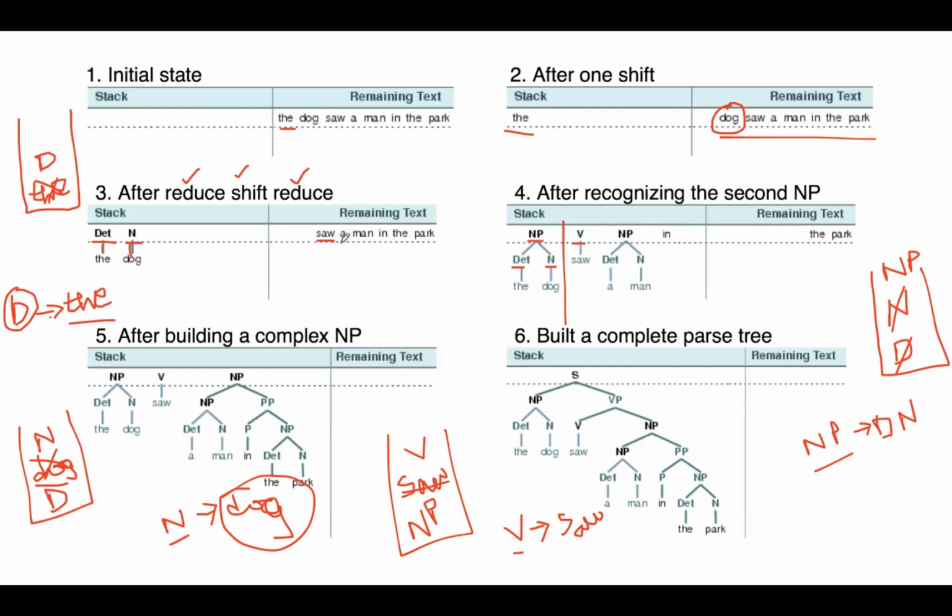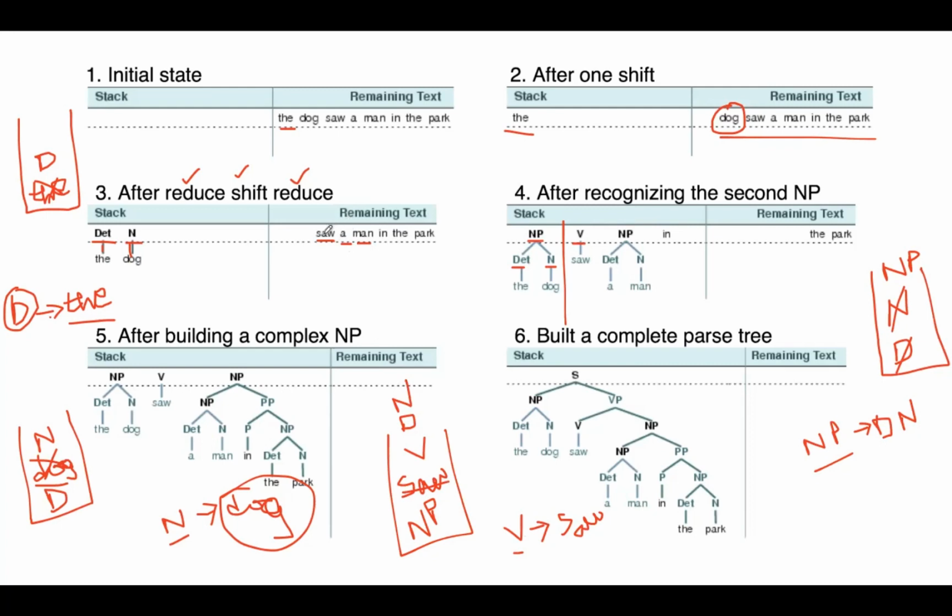Next, go to the next element, a. So a is a determiner. And then man. Man is a noun. I'm writing directly. In place of determiner, first you need to push a, and again match it with the RHS of the production.